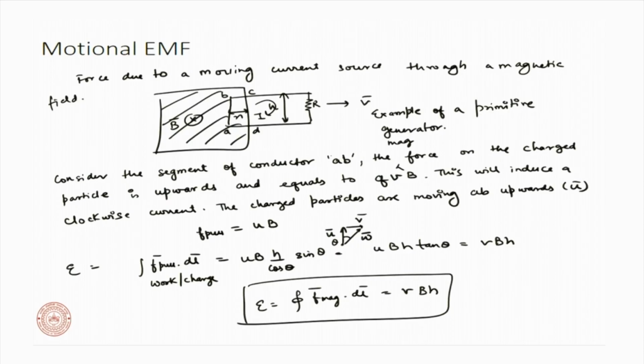Okay. Now, let us take a look at what is a magnetic flux. So, the magnetic flux due to this B vector is similar to electric flux. So, B is the magnetic field strength, just like we have the electric field strength. Our electric flux was integration of the field strength over a given area.